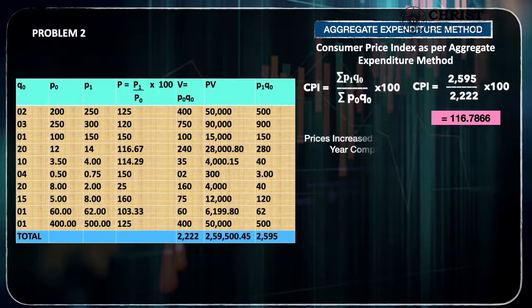So this indicates that prices increased by 16.79% in 2021 compared to that of 2020 for the commodities included in the index. Always remember that whenever you are computing the index values, interpretation is important. We will give marks for interpreting the value also, because the idea of computing index itself is to establish how much is the price increase in the current year compared to that of base year. So always remember that you have to write the interpretation along with the answer.